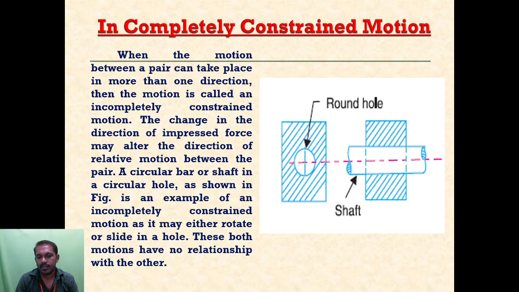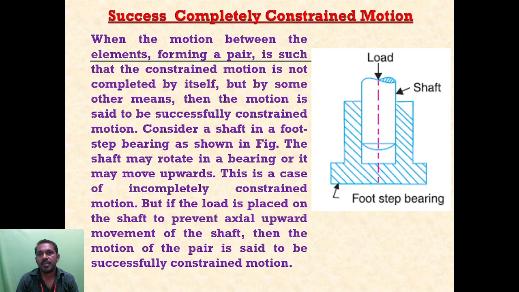These two motions have no relationship with each other. Next, successfully constrained motion. It is when the motion between the elements forming a pair is such that the constrained motion is not completed by itself, but by some other means. This is called successfully constrained motion.